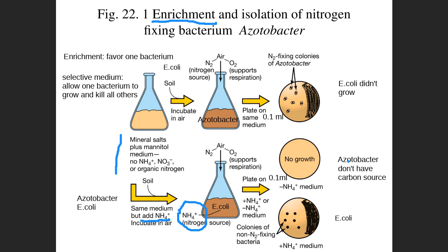So for example, if you know you have a bacteria that can resist a particular antibiotic, then you include that particular antibiotic in the media. And so the only bacteria that can grow is the antibiotic resistant bacteria.